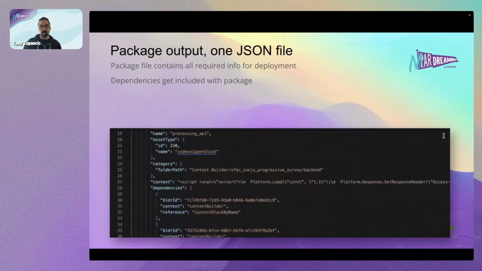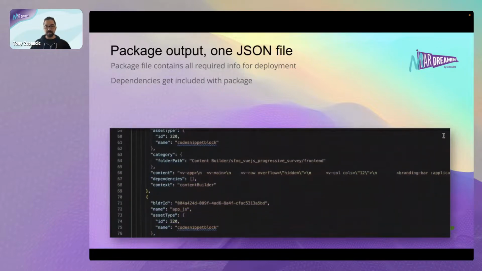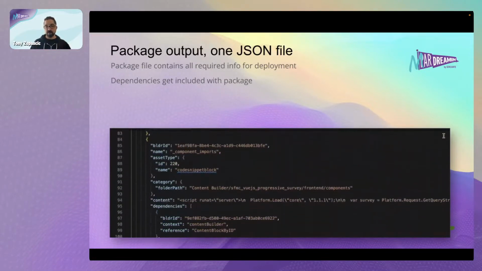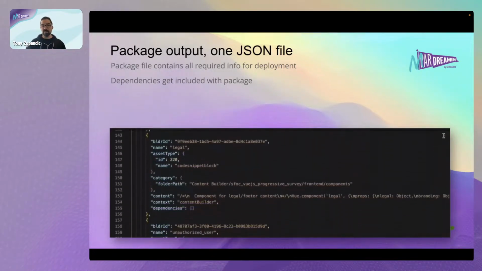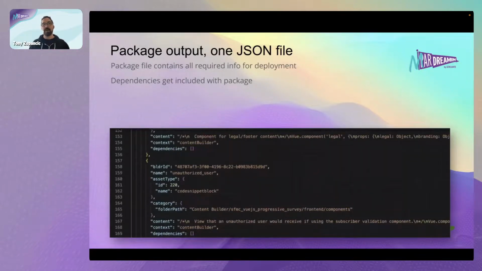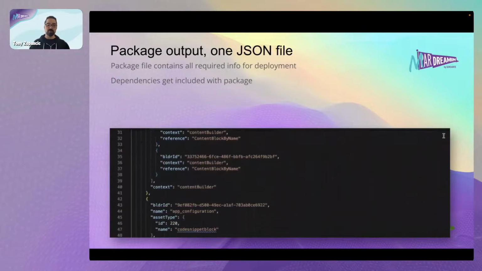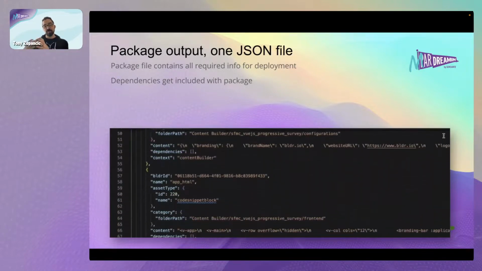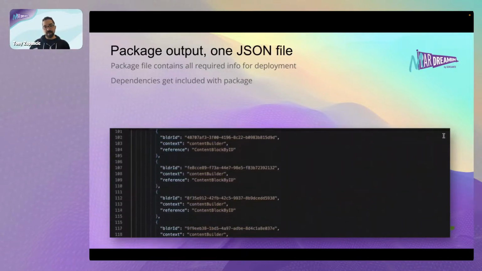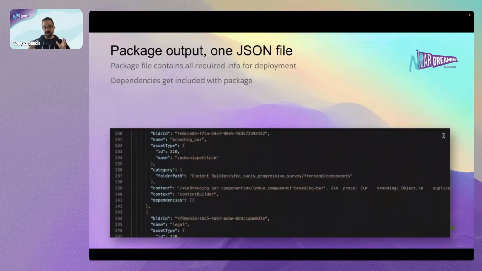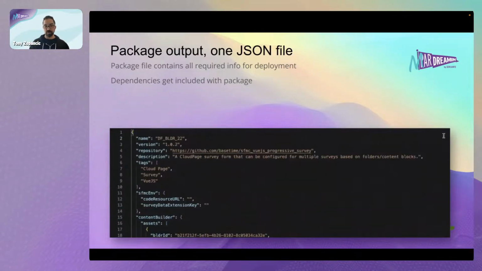So here's a quick glimpse of what that package file looks like. And as you can see, there is that dependency section where all those dependencies get listed, and they have a random identifier attached to it, so that when those files are then deployed into another Salesforce Marketing Cloud instance, the new user that is deploying those packages will not have to update the asset IDs or whatever that anchor link is for those AMPscript or server-side JavaScript functions.